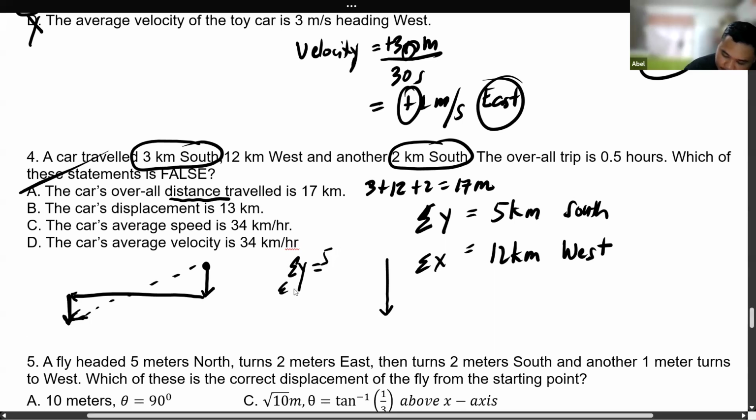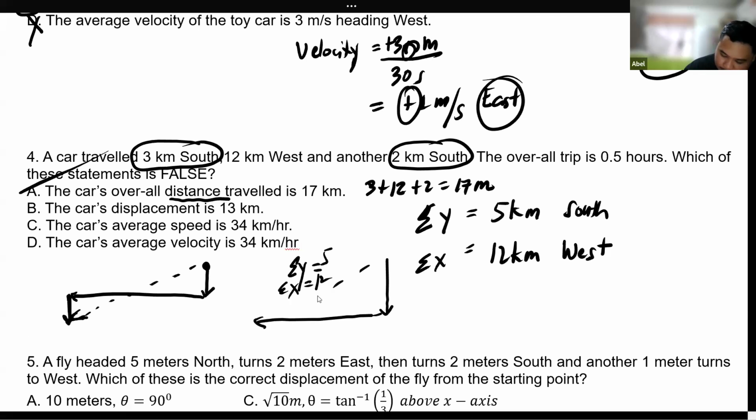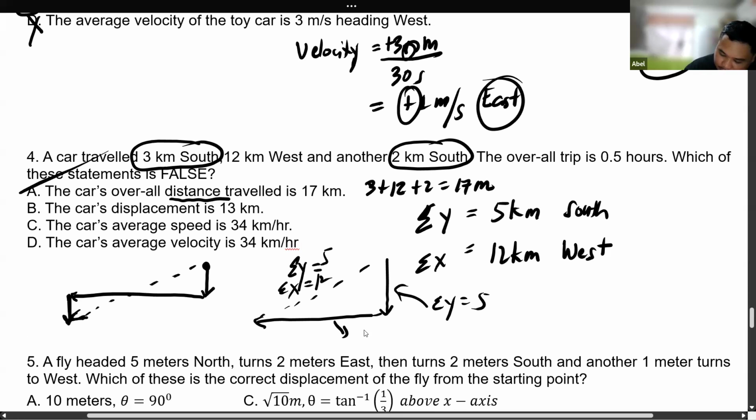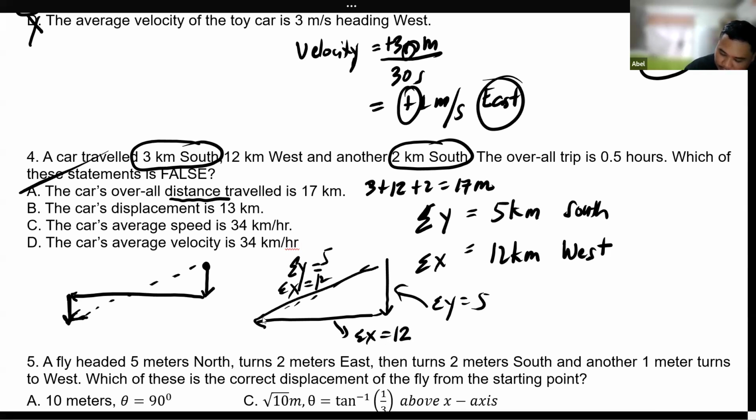And then the summation of all the x would be 12. So this one is still the same, right? The summation of the y is 5, and the summation of x is 12. And what's now this value, right?